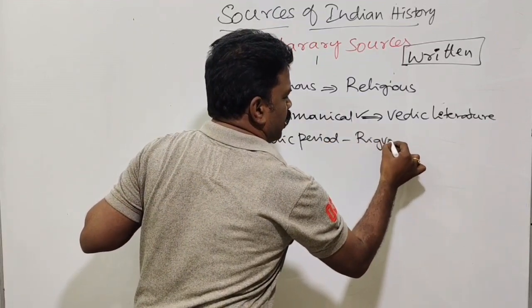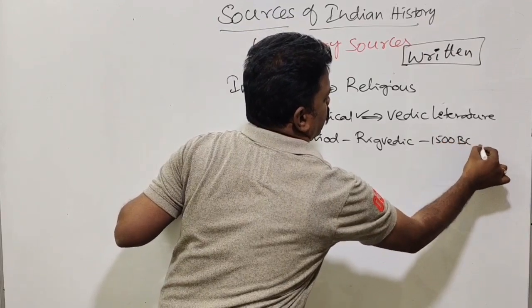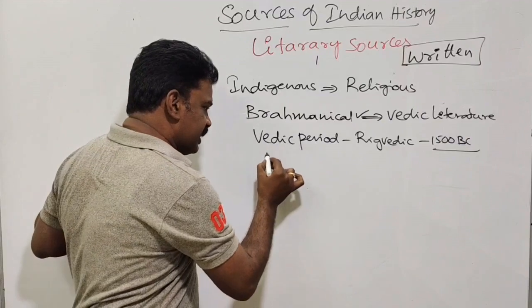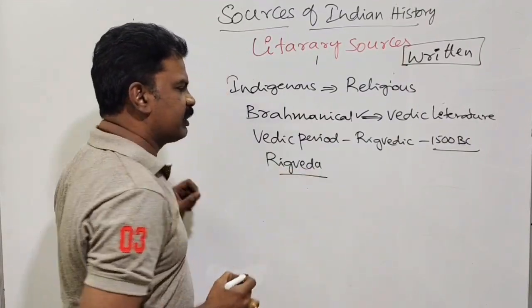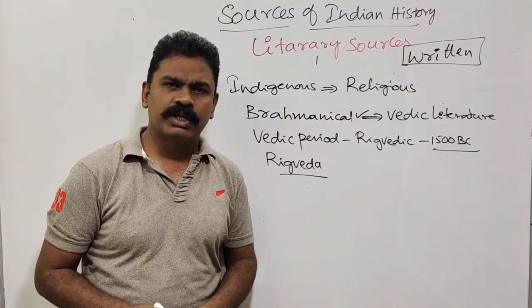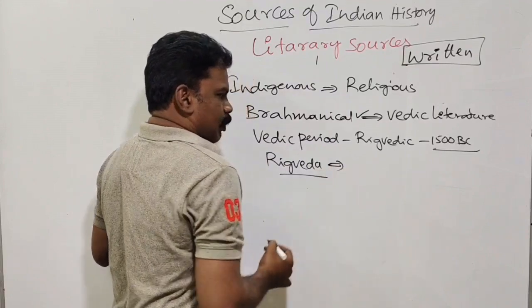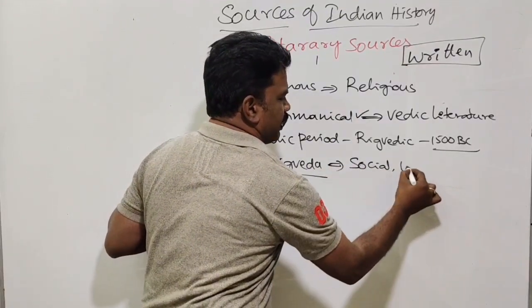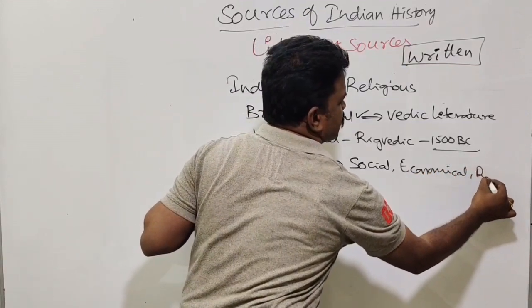From the time of the Rigvedic period, that is from 1500 BC. Rigvedic period, 1500 BC. First literary evidence in India, Rigveda. It was the first literary source to know about India. Rigveda speaks about social conditions, economic conditions, and religious conditions of that period.